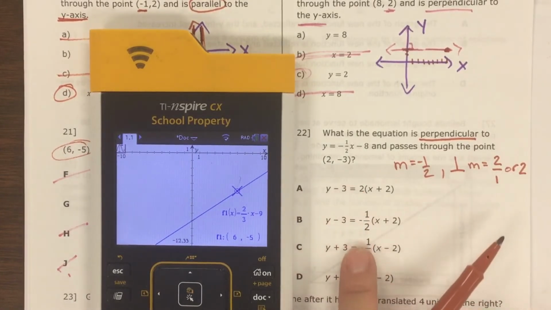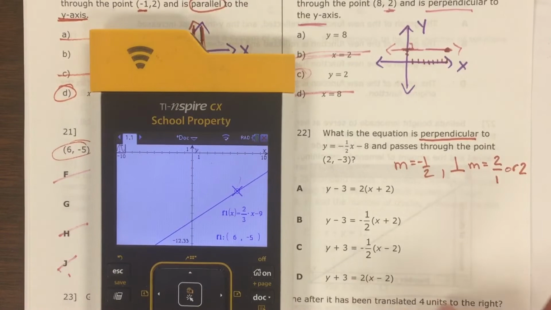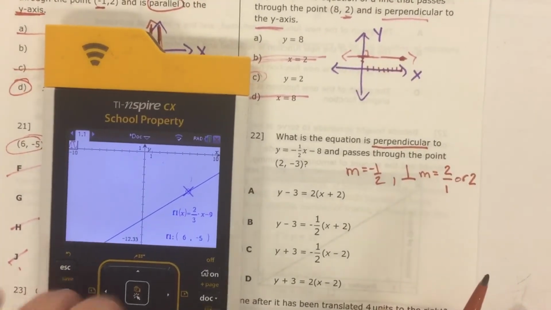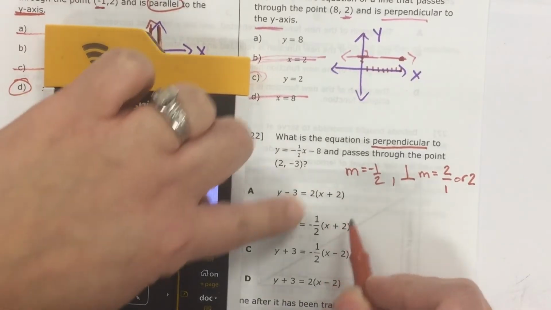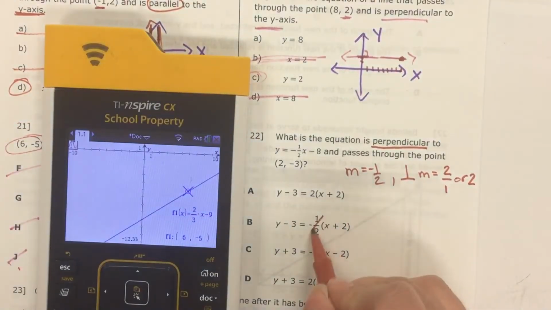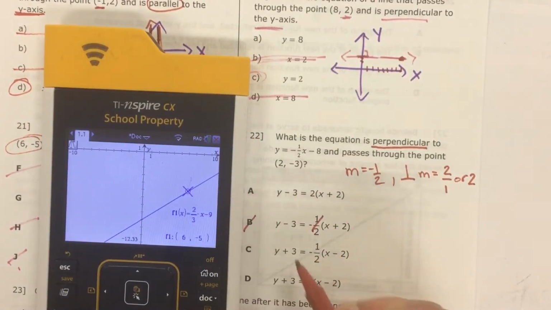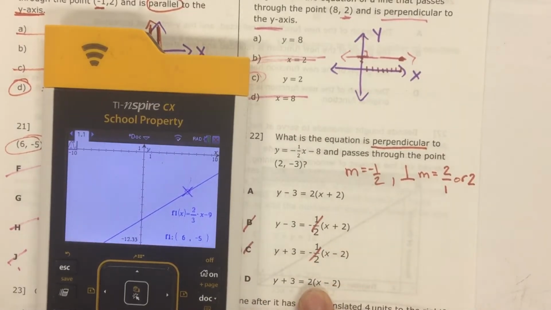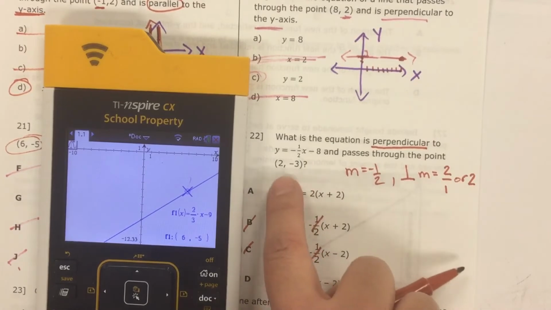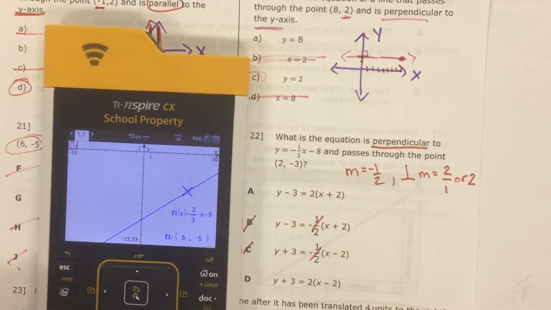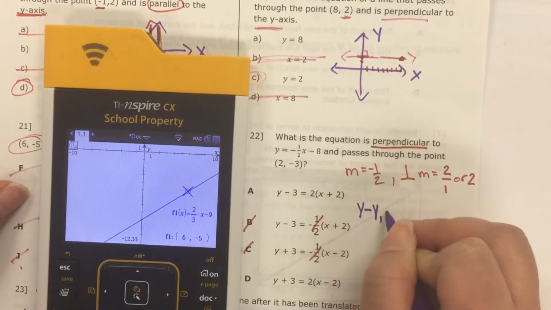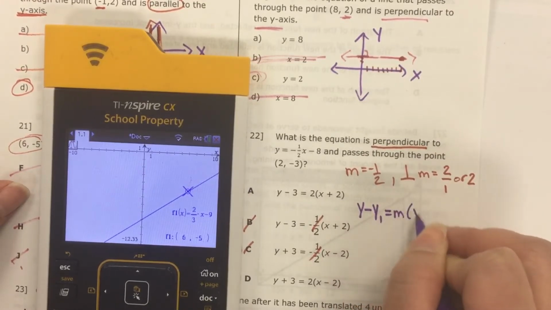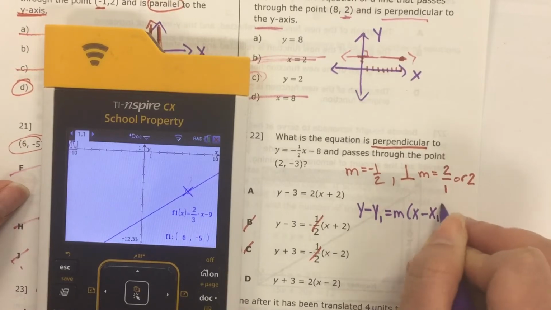All of my answer choices are in point slope form. So I'm looking at 2. This is -1/2. It's not going to work. And this one is also 2. It's asking to go through the point of 2, -3. So my point slope formula says y minus y1 equals m times x minus x1.